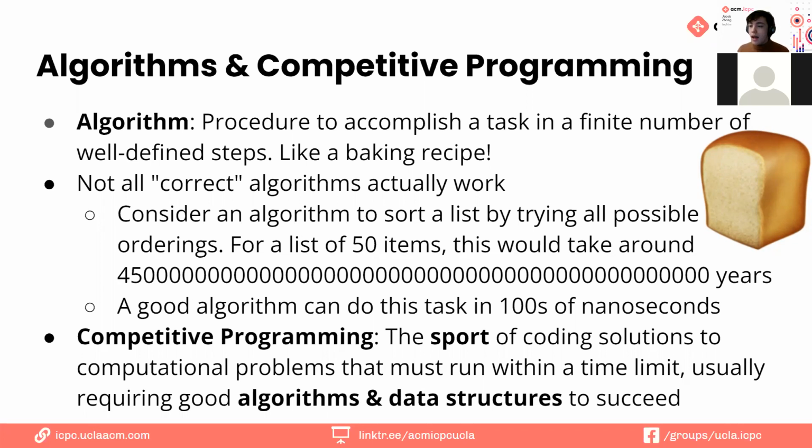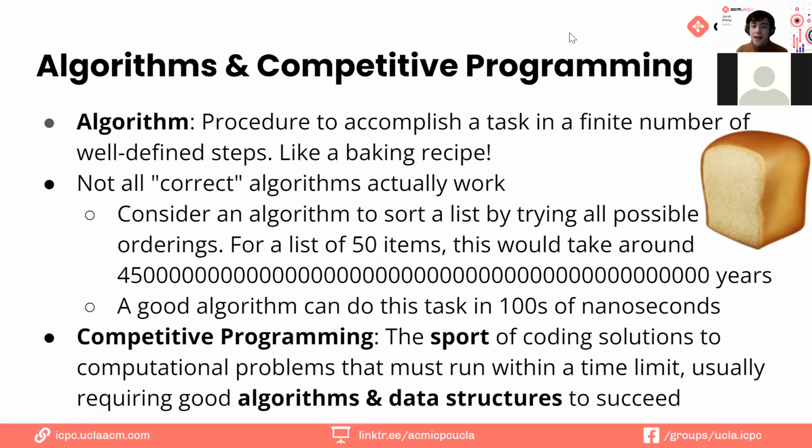An important thing with algorithms is that not all correct algorithms actually work. This is because they may take more time than the universe has existed in any cosmology believed in by any science or religion. For example, an algorithm to sort a list by trying all possible orderings is clearly correct. You will reach the ordering which is sorted.